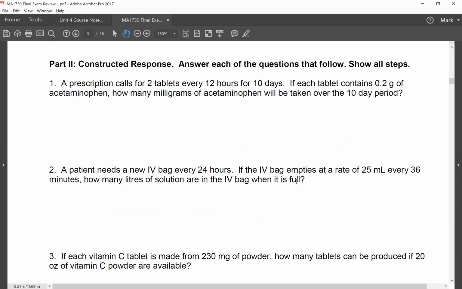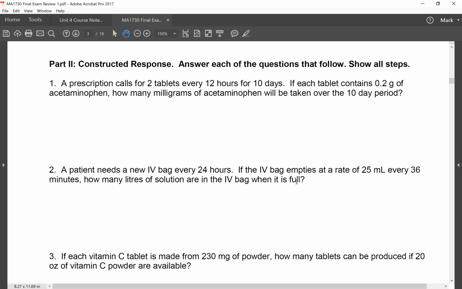Okay. A prescription calls for 2 tablets every 12 hours for 10 days. If each tablet contains 0.2 grams of acetaminophen, how many milligrams of acetaminophen will be taken over the 10-day period? So we got a prescription.